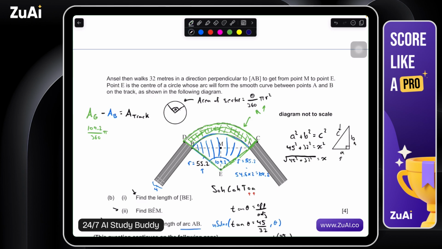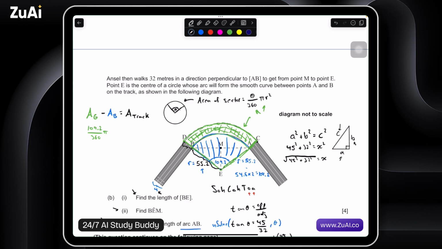The radius of this smaller circle was 55.2, and how do we find the radius of this larger circle? Well, we know the track itself is 4, so if we're traveling 55.2 from here to here, and we travel another 4 meters to complete this radius, we would travel 55.2 plus 4, a total distance of 59.2.